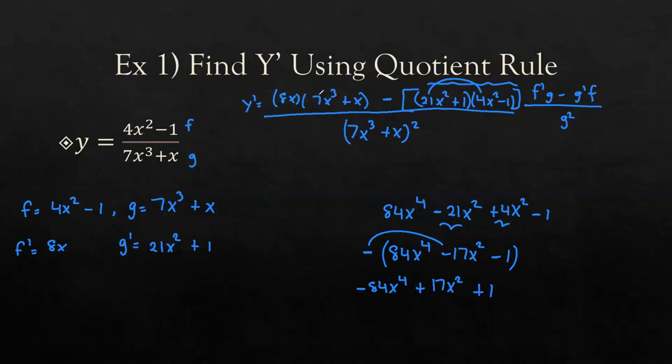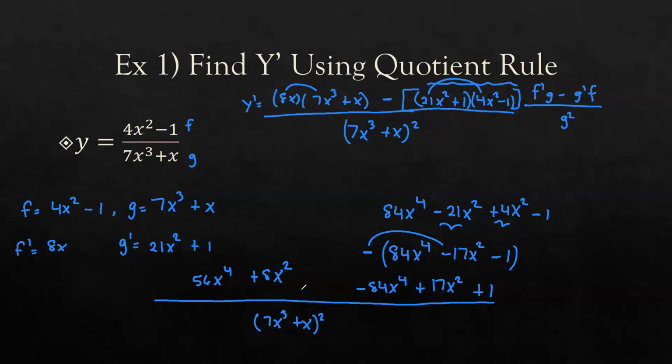On the top, we still have to simplify the other part. 8x times 7x cubed is 56x to the fourth, and 8x times x is 8x squared, all over g squared, which is just 7x cubed plus x, squared. Then you collect like terms.